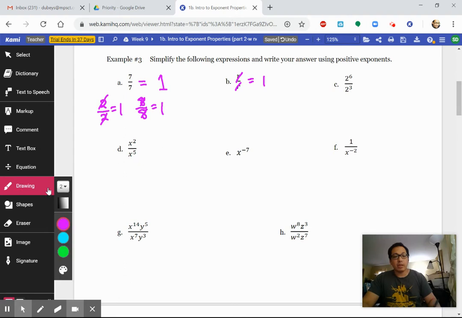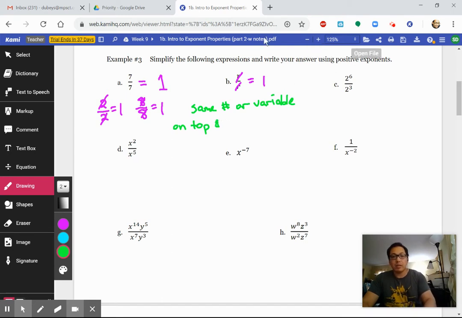The important thing here to remember is that numbers or variables, it doesn't matter what it is, if you've got the same number or variable on top and on the bottom, and on the bottom, that's an "and".